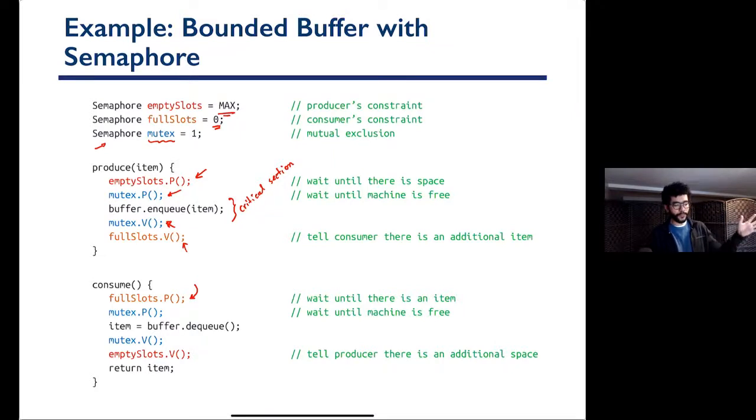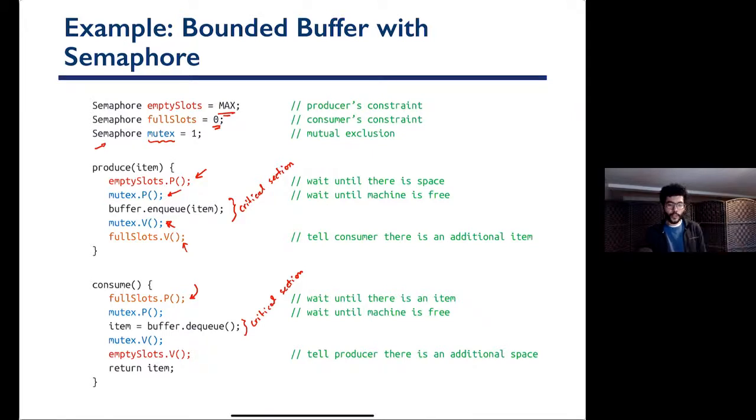If full slot is strictly positive, then this goes through. After that, again, I have my critical section that I want mutual exclusion for. So I protect it with this mutex.P and mutex.V.